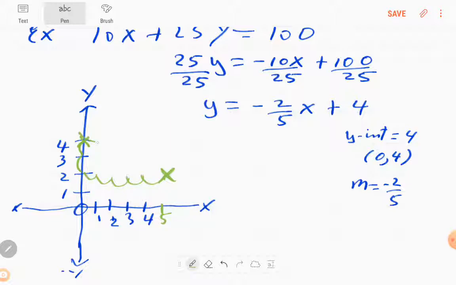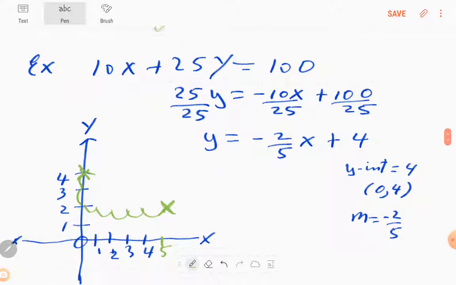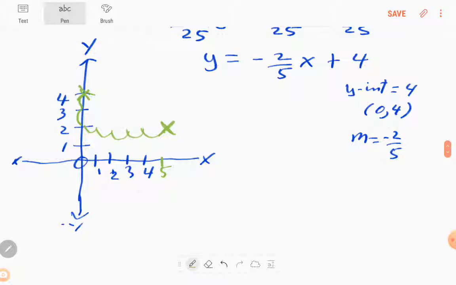So now we have 2 points here. Okay, and so there we go. And we could keep on going down 2 units and 5 across to get the next point, etc.